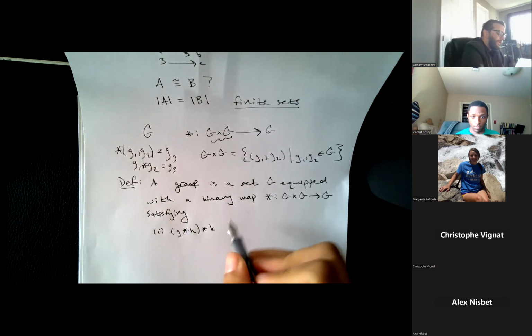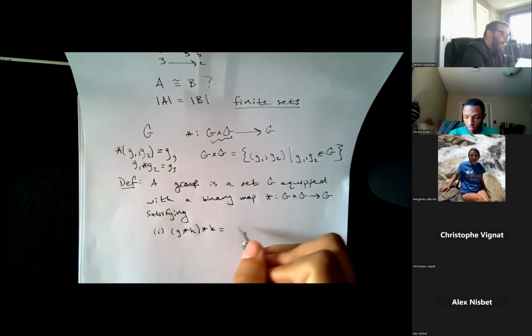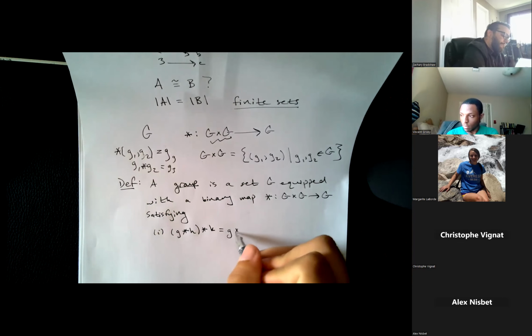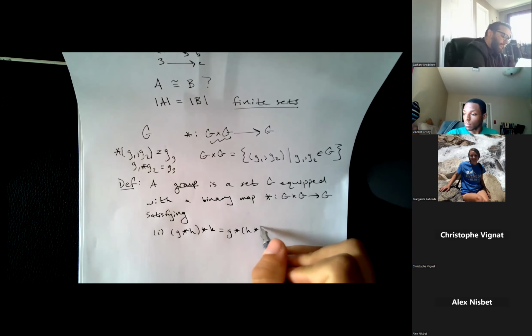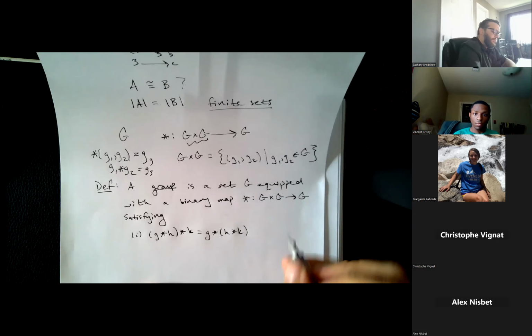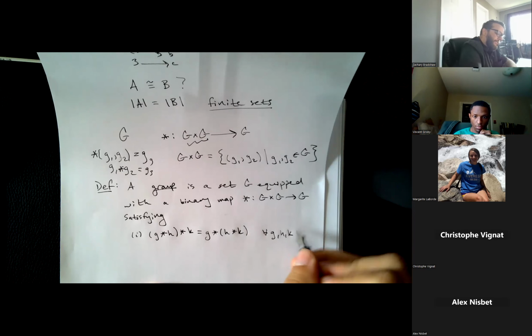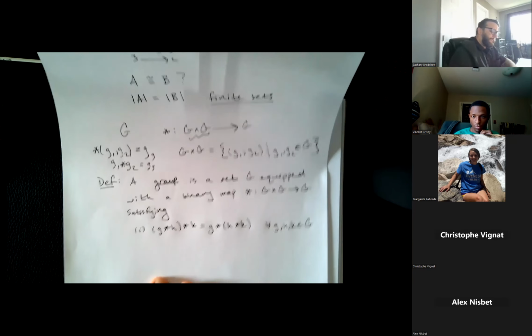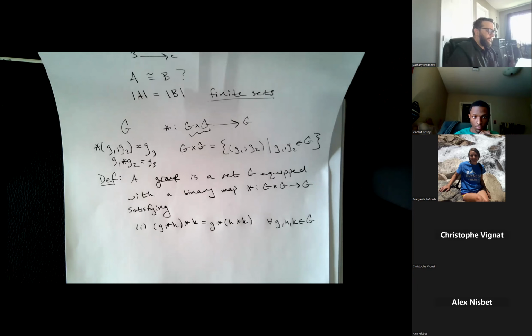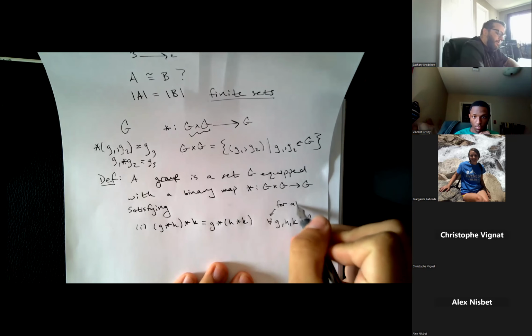Associativity says that it doesn't matter in which order we apply this map. This is for all G, H, and K in my group G. Just in case some of us haven't seen the symbol, this is for all.